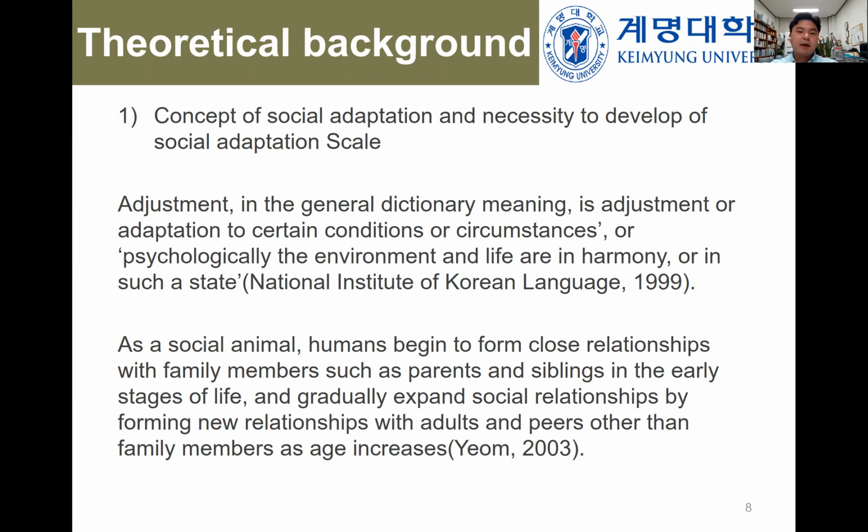Second, theoretical background. In this part, the concept of social adaptation necessary to develop a social adaptation scale is covered. Adjustment in the general dictionary meaning is adjustment or adaptation to certain conditions or circumstances, or the physical and psychological environment and life being in harmony, or such states.